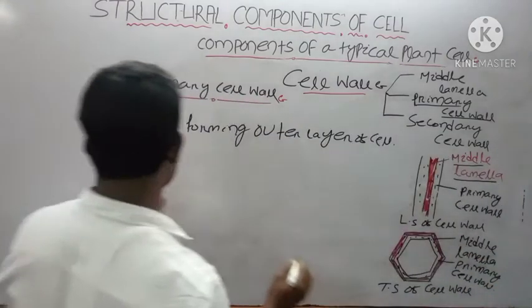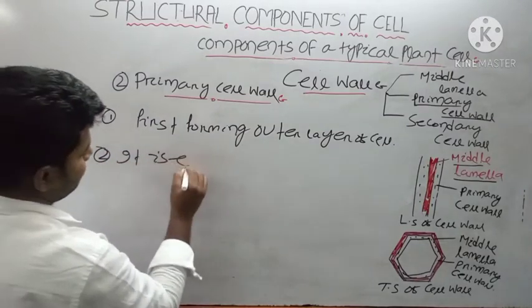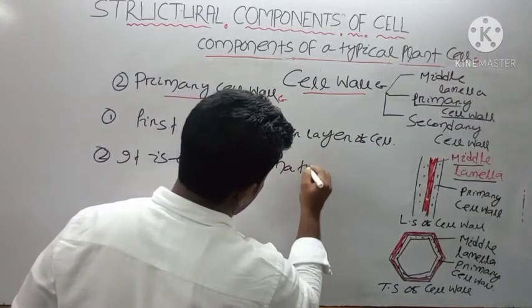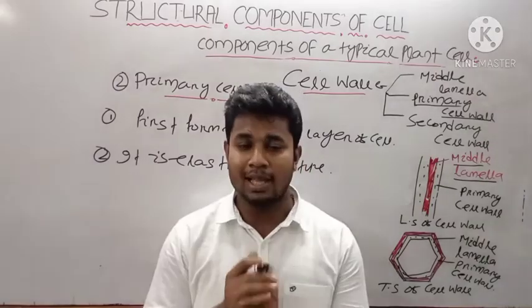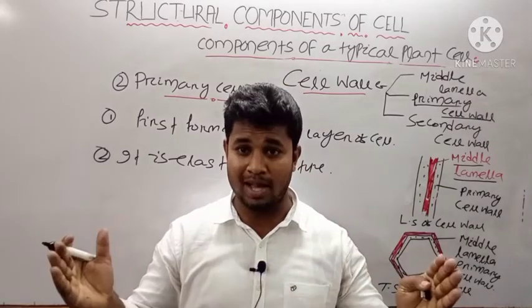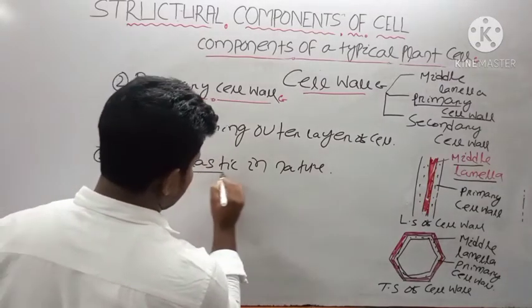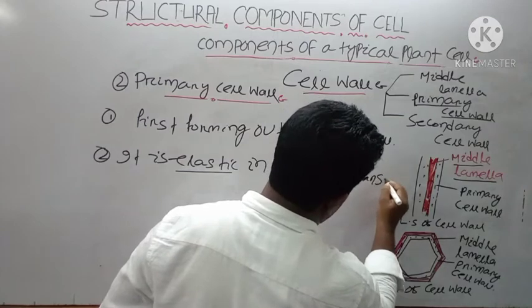Okay, it is elastic in nature. What do you mean by elastic in nature? That is, it has the capability of expansion. Okay, we can expand this structure. That is elastic in nature, expansion capability.